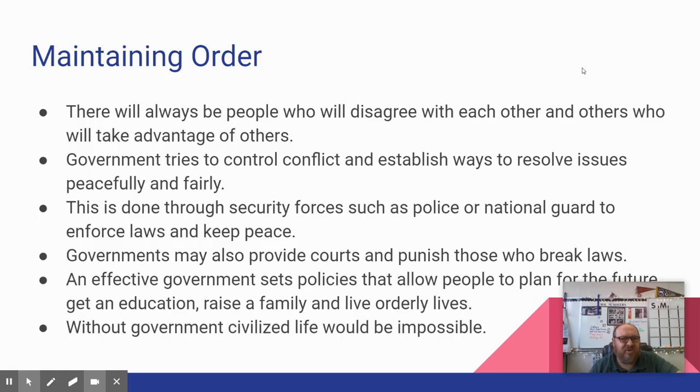When humans were living in a state of nature, there was no future to plan for. You never knew how long you were going to live, much less where your next meal might be coming from. So governments created that order that would allow people to live in a more calm and safe environment and allow them to plan and create.